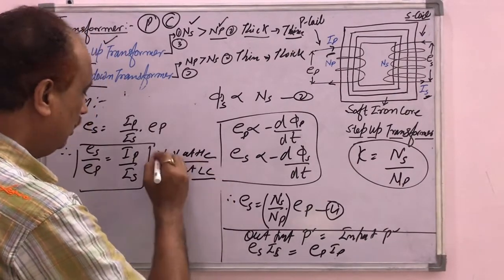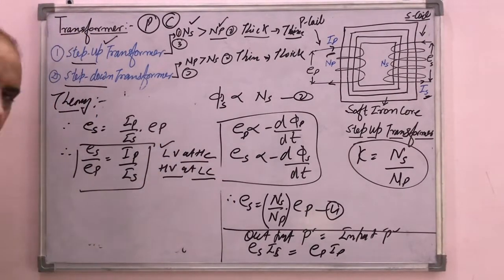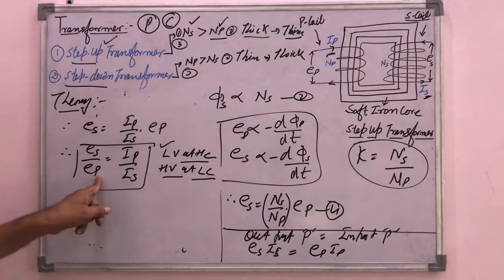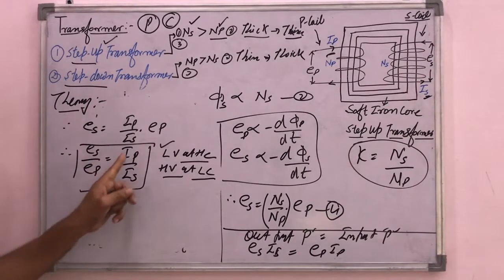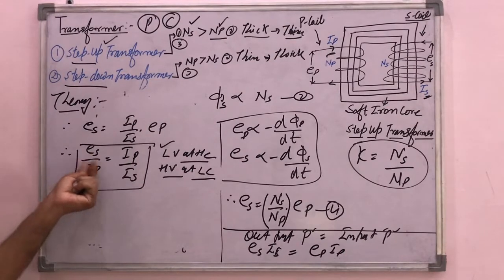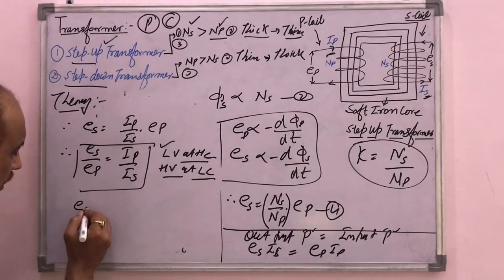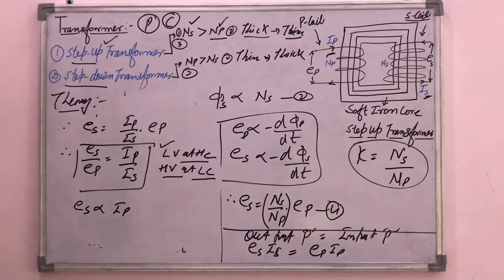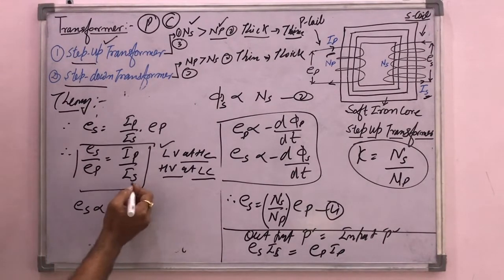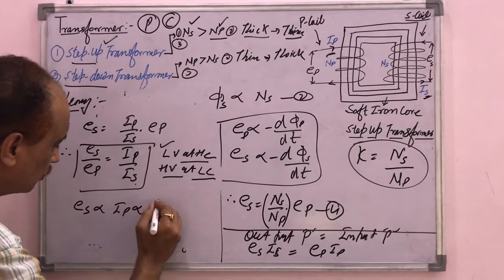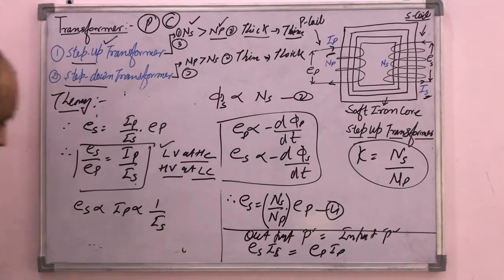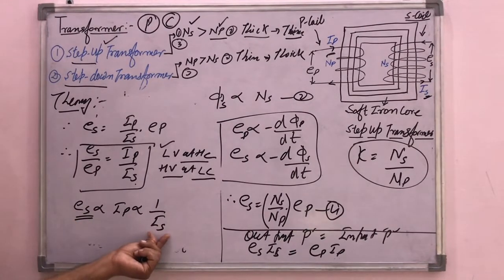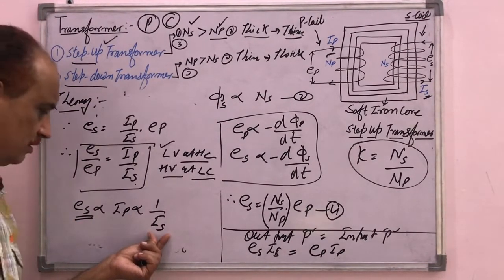That statement can be explained by this formula, Es upon Ep equal to Ip upon Is, because in this formula Es is directly proportional to Ip, and Es is inversely proportional to Is, means when Es is increased, the current Is is decreased.